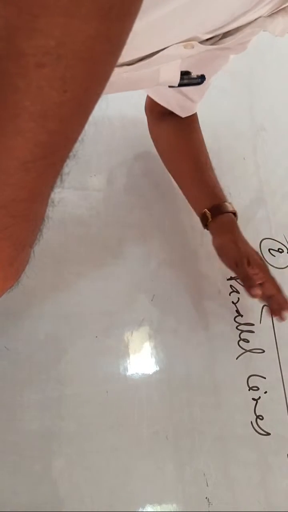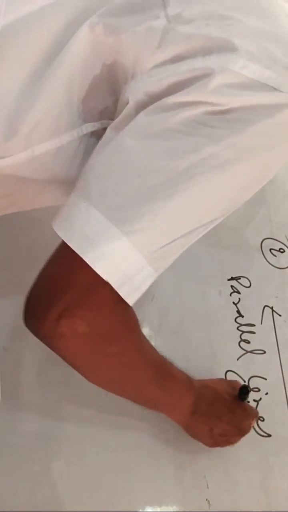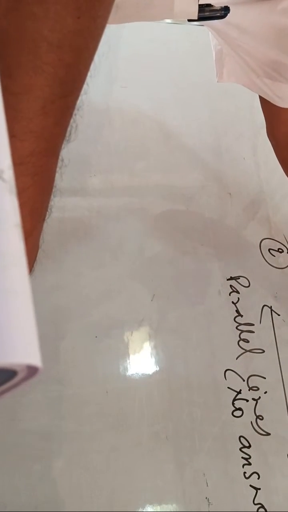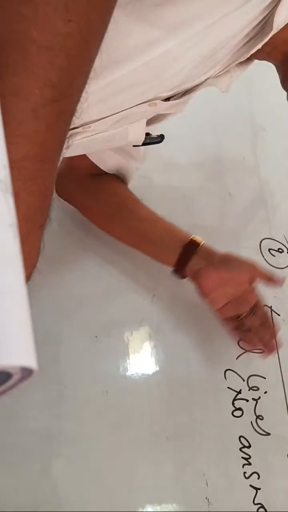So there is no point of intersection. It means there is no answer. In this second case, there will be no answer. Because the point of intersection is the answer, and in the second case there is no point of intersection, the lines are parallel, so there will be no answer in the second case.